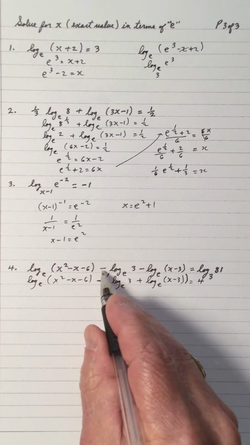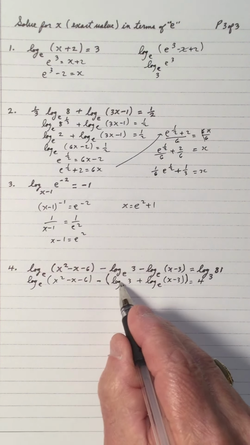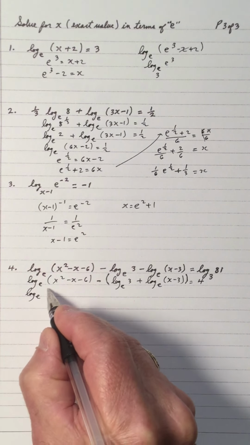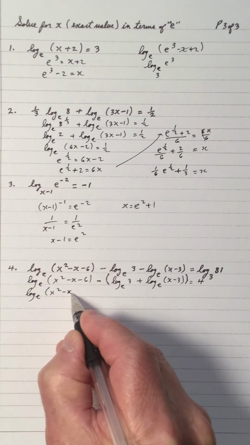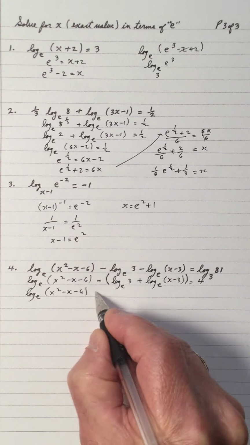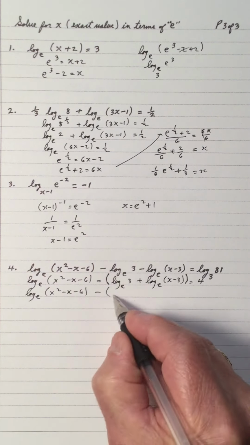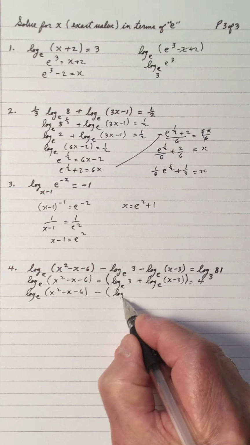So I'm taking the negative out of these two and making them positive. Because these are addition now, the sum of two logs is the log of the product.